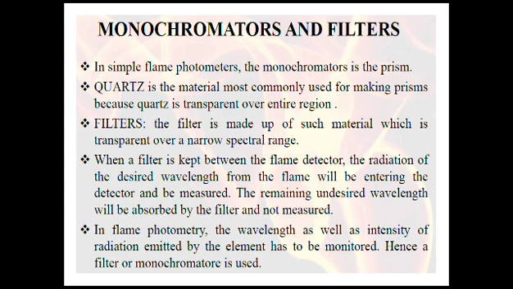When the filter is kept between the flame and the detector, radiation of the desired wavelength from the flame enters the detector and can be measured. The remaining undesired wavelengths are absorbed by the filter and not measured. In flame photometry, the wavelength as well as the intensity of radiation emitted by the element has to be monitored. Hence, a filter or monochromator is used.